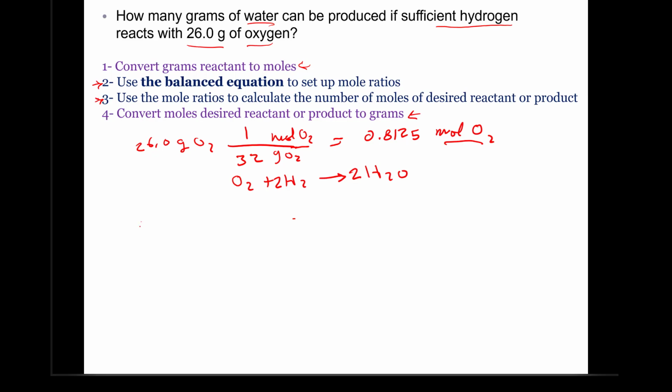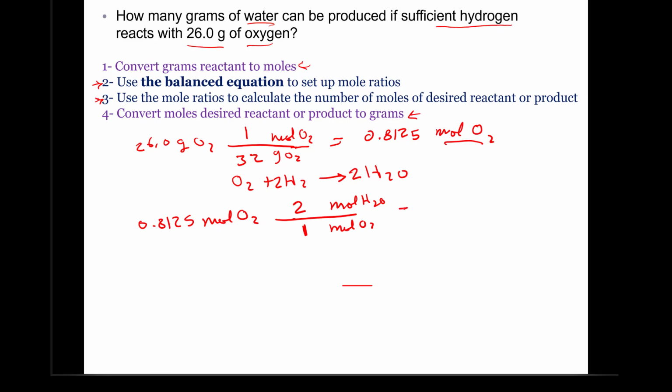So we have 0.8125 moles of oxygen, and we want to find out moles of water. So we will use the mole to mole ratio between oxygen and water. Moles oxygen per moles of water is basically 1 mole of oxygen is going to produce 2 moles of water.